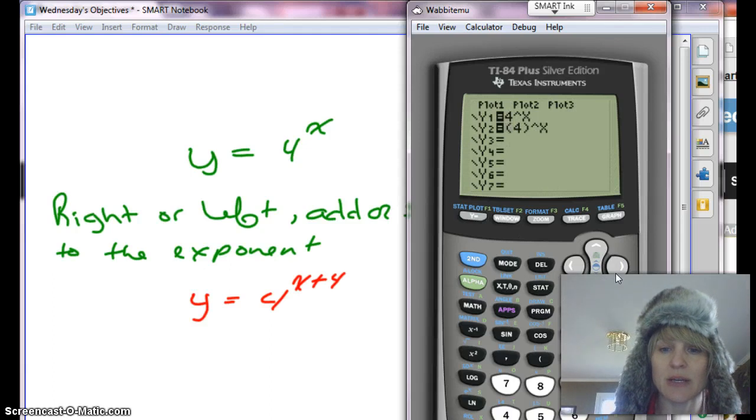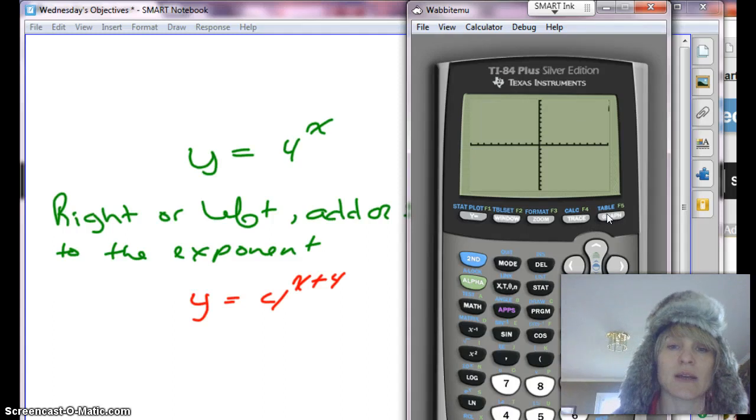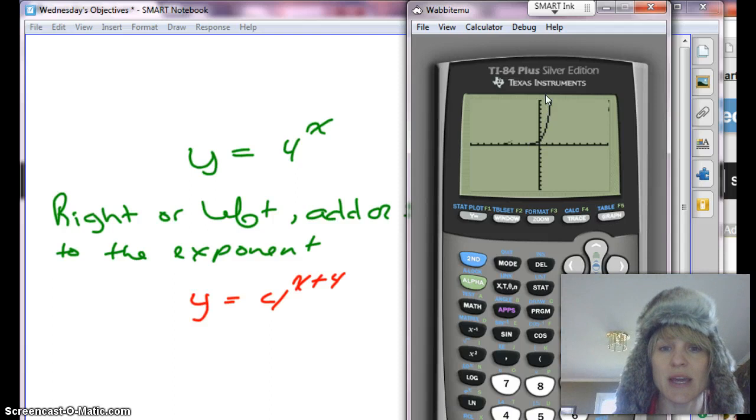So we go back here, and that's my parent equation. I'm going to get rid of that 3. And if I want this, I need to make sure it's all in the parentheses, and I do plus 4. And then I hit graph. So you can see here's my parent equation, my 4 to the x, and then here's my translated equation, and you should be able to see it moved over 1, 2, 3, 4 units to the left, okay?